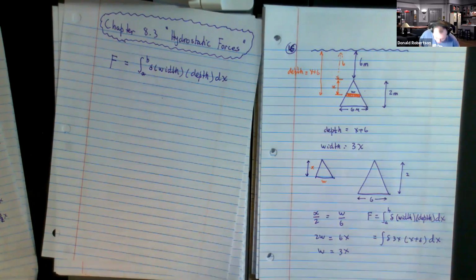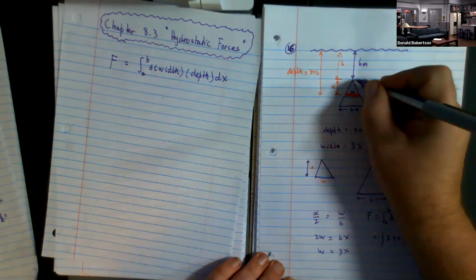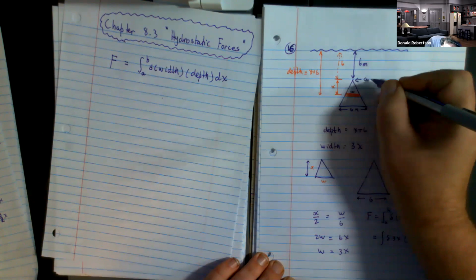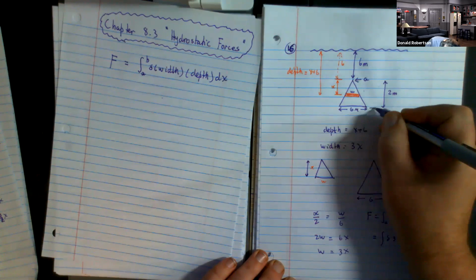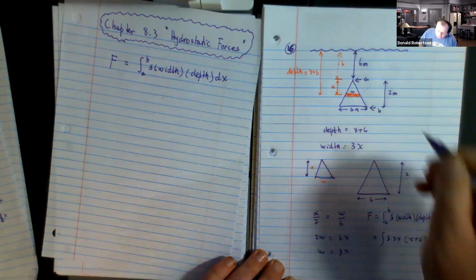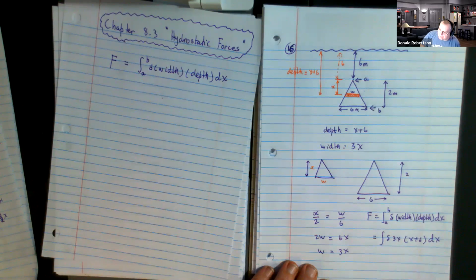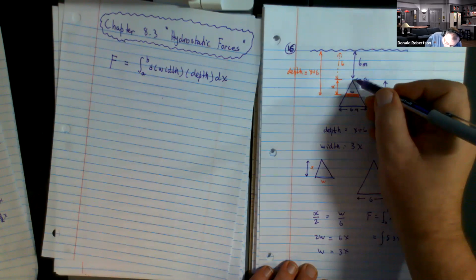Now, in this question, isn't a the x that gets you the top of the shape, and b the value of x that gets you the bottom of the shape? And in this case, x would start at 0 and finish at 2.